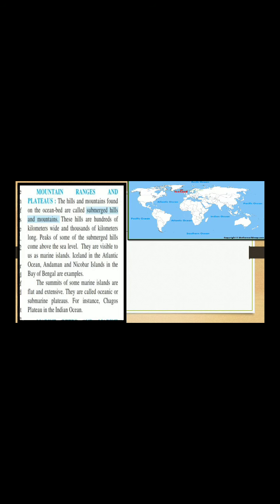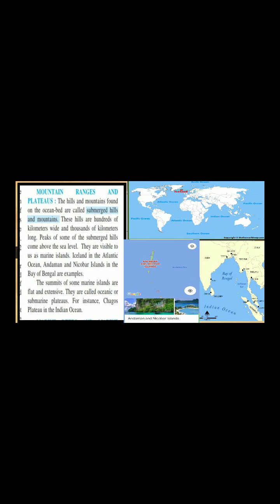What is it? Iceland in the Atlantic Ocean. Andaman and Nicobar Islands in the Bay of Bengal are examples.